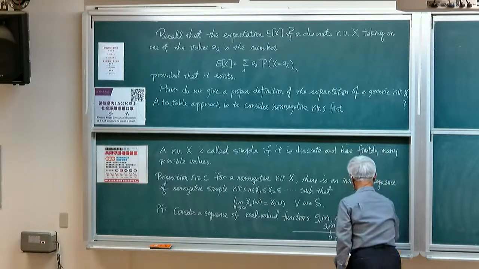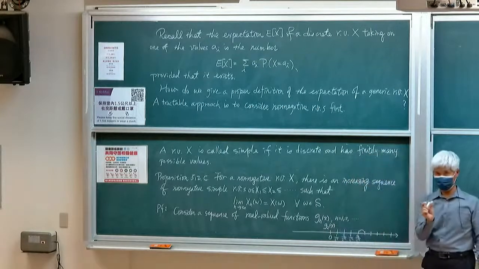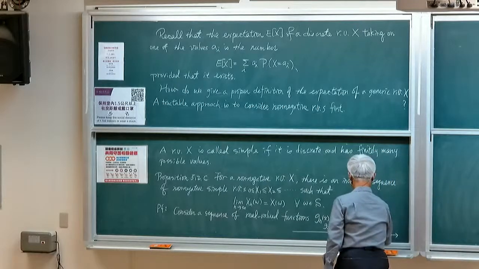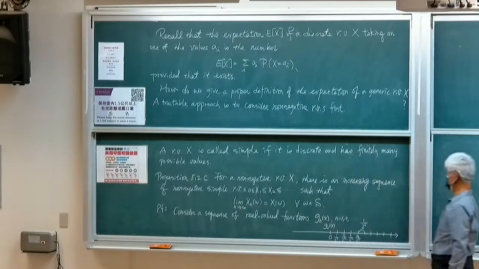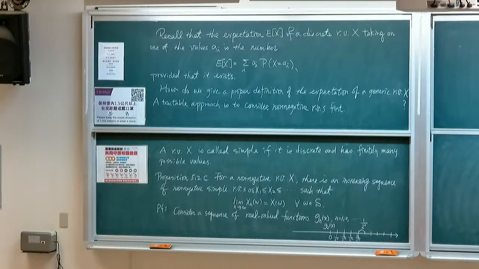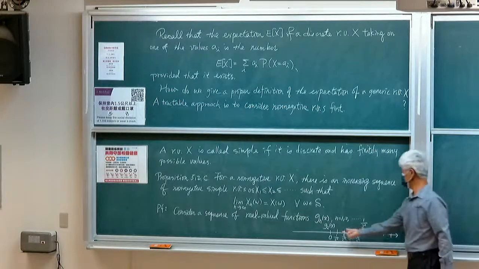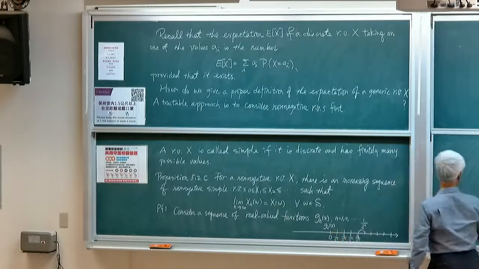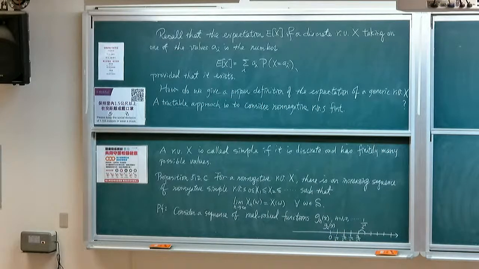And the bin size would be 1 over 2^2. In each bin, from the left end to the right end, but not including the right endpoint, the value will be assigned the left-hand value, for k up to n times 2 to the n.